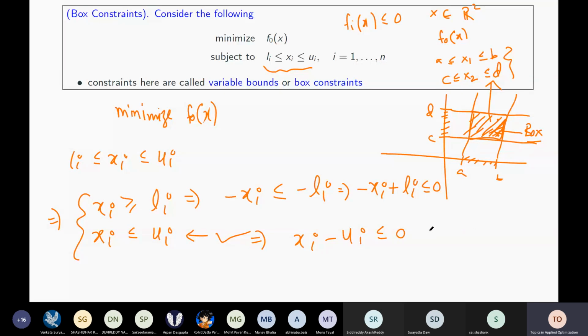Now all these inequalities are written in this nice form, and I may have to redefine things, because this is for i equals 1 to n, and this is another set of inequalities, also for i equals 1 to n.